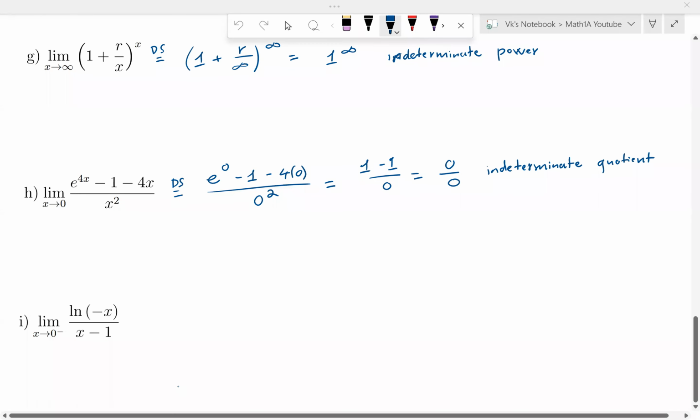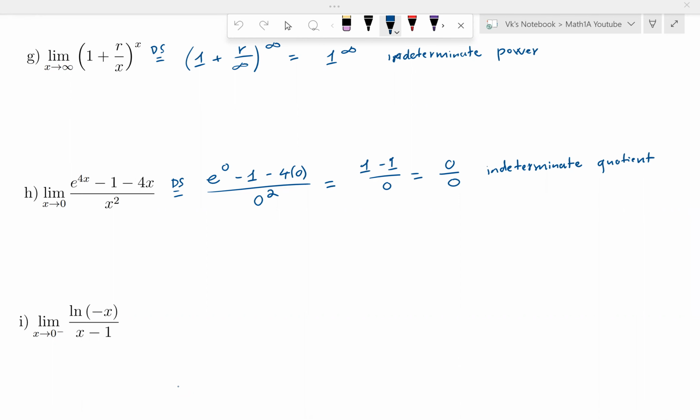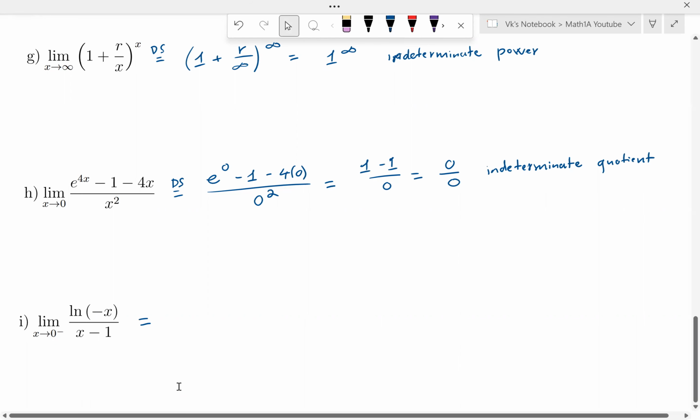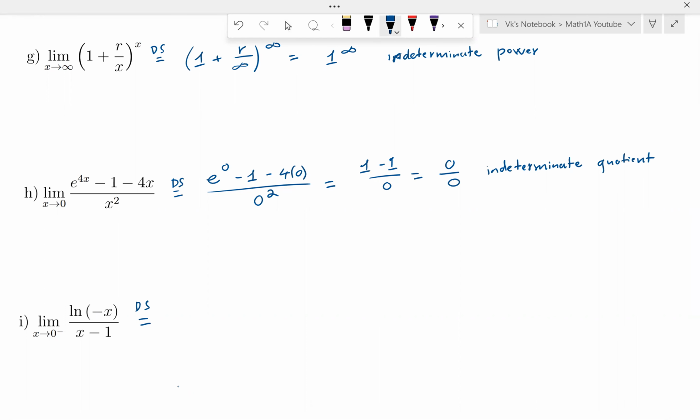And the last one, limit as x goes to 0 from the left side of ln(negative x) over (x minus 1). You've got to be careful here. Do a direct substitution. When x approaches 0 on the left side, we have ln of negative of a negative number, which is a positive number.